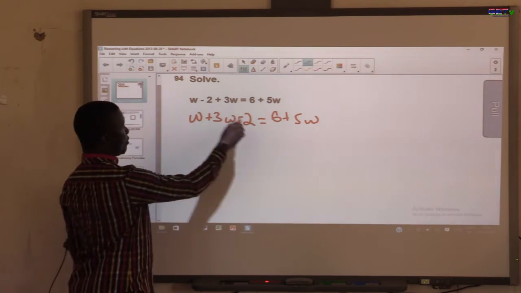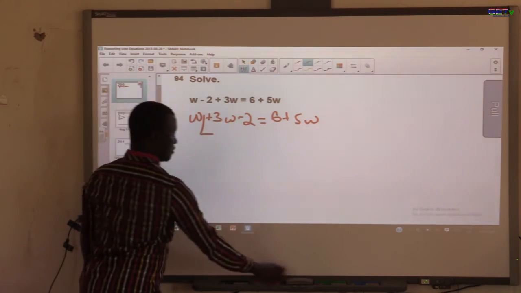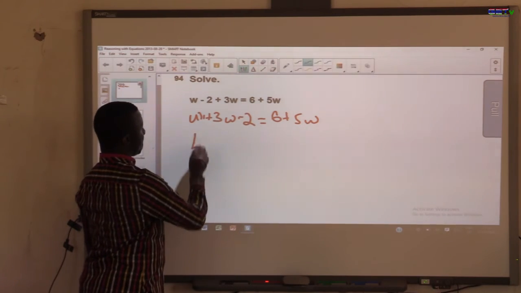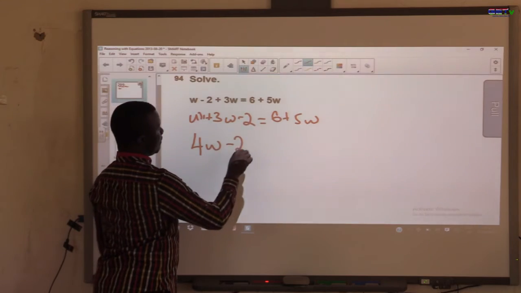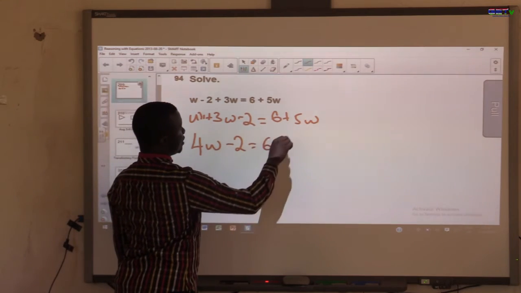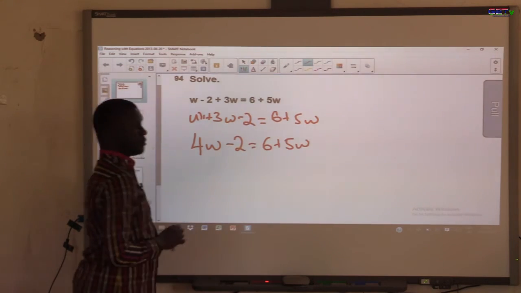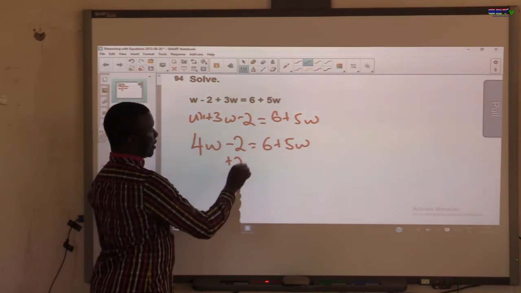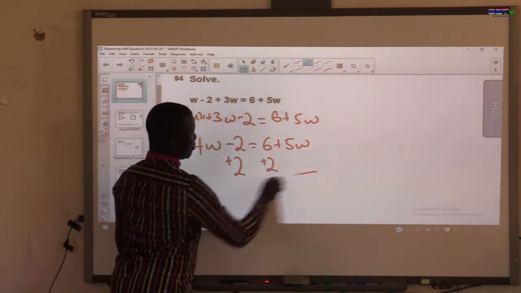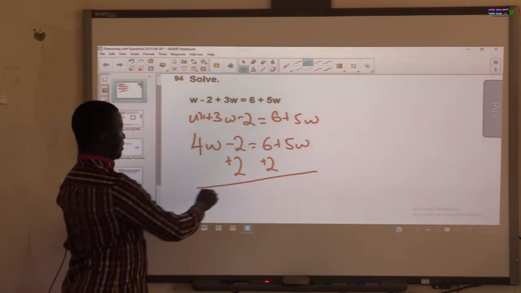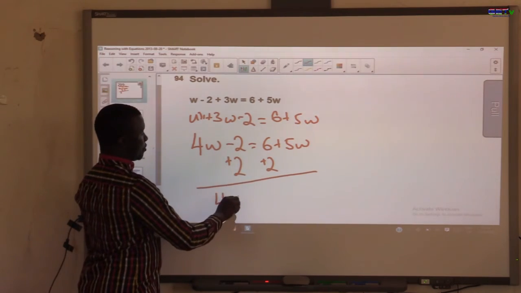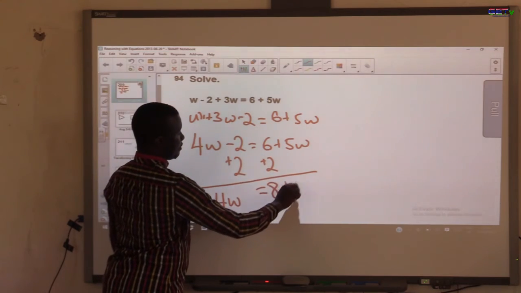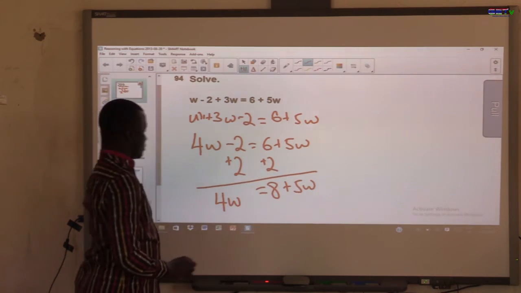Then we simplify. w plus 3w is 4w, minus 2, equals 6 plus 5w. We further undo our negative 2 here by adding 2 onto both sides. Then we are left with 4w, negative 2 plus 2 is 0, 6 plus 2 is 8, plus 5w.